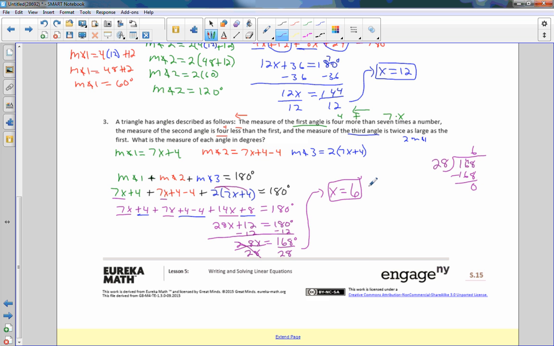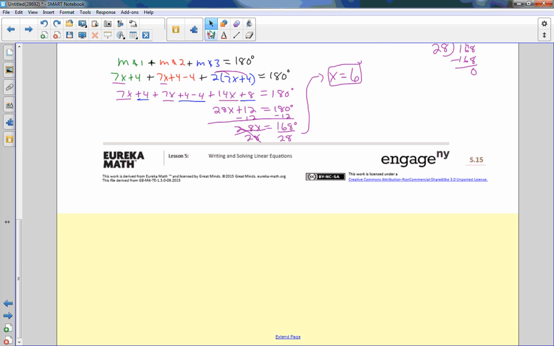Great. What is the measure of each angle in degrees? Okay. So now I'm going to extend the page a little bit. I'm running out of room. All right, so now what I'm going to do is take the measure of angle 1, which is 7x plus 4.